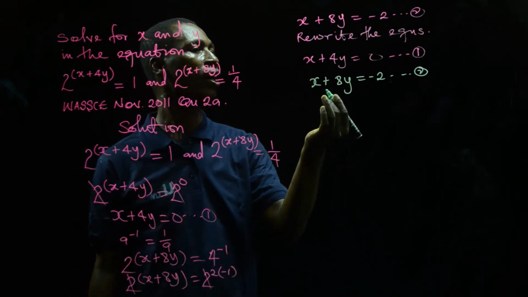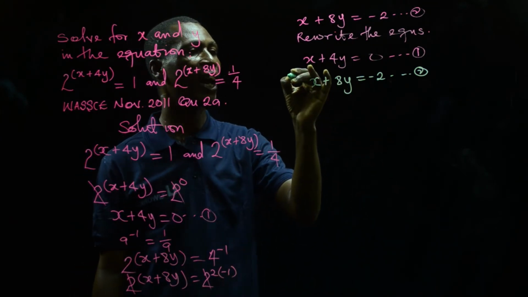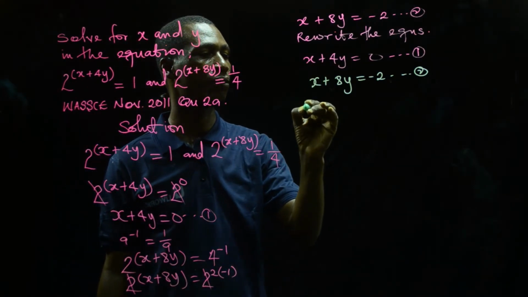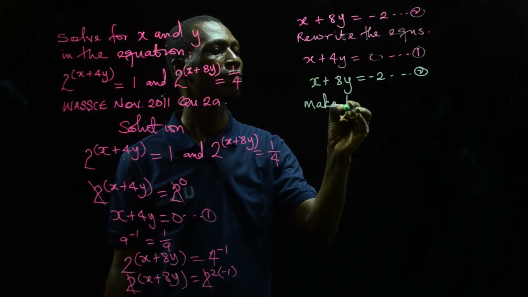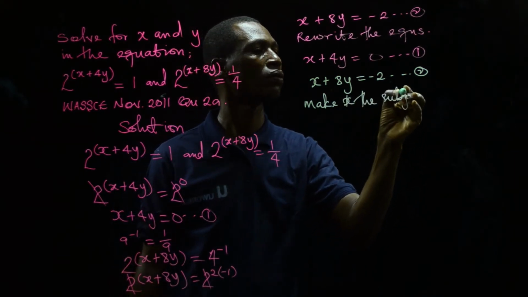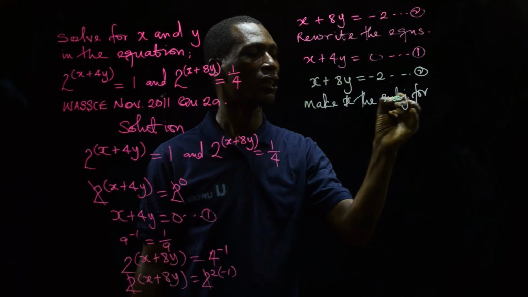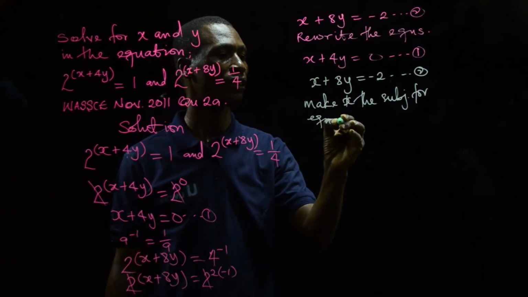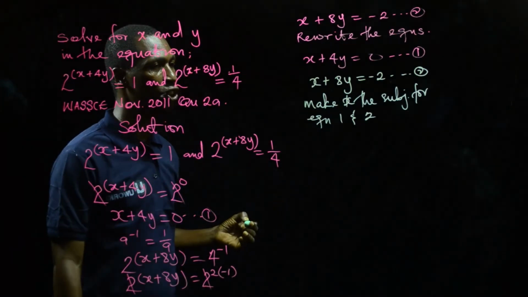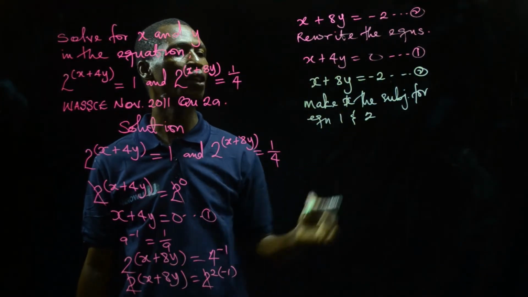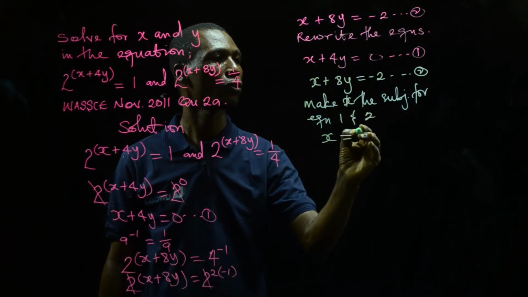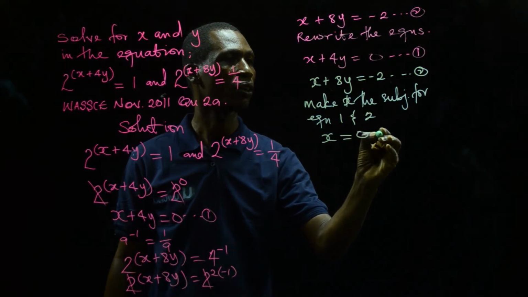So using the substitution method, I make x the subject of equation 1 and 2. So making x the subject of equation 1, I'll have x equals 0 minus 4y.